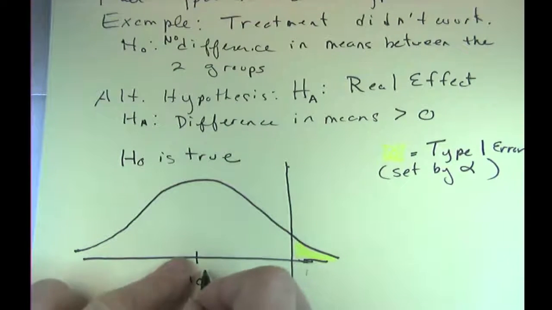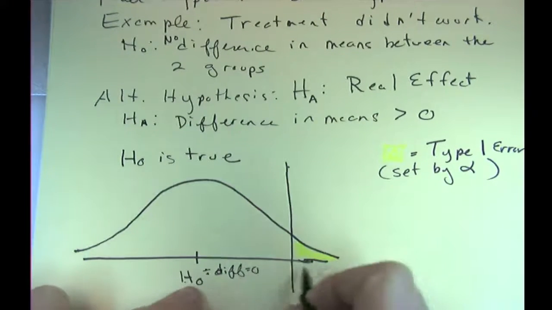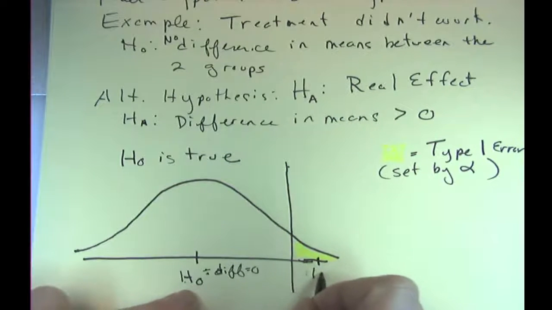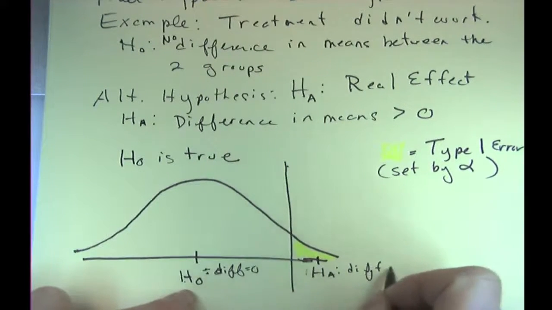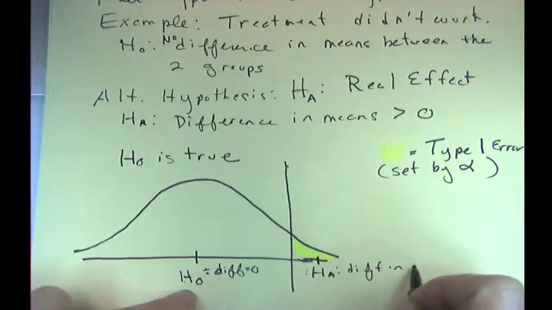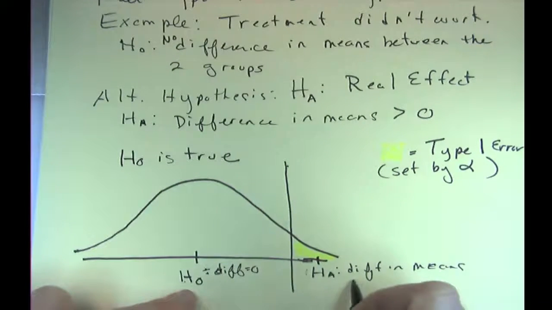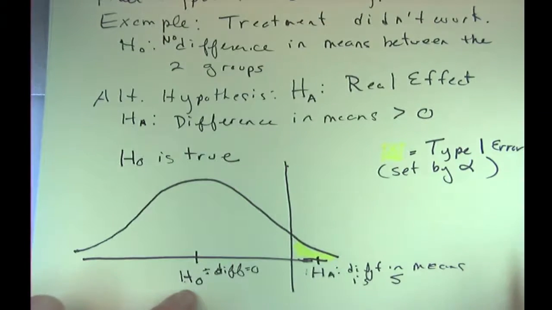So let's say the difference in means is equal to 0 under the null. And here I'll set my alternative, that the difference in means is 5. Okay? 5 points out of 100.